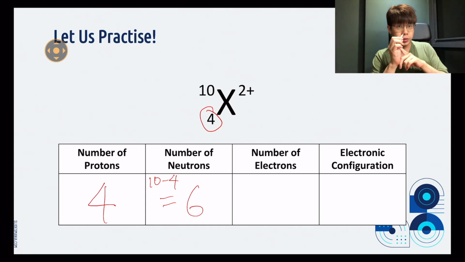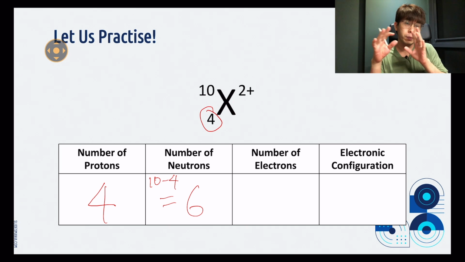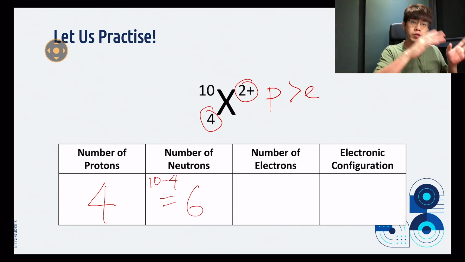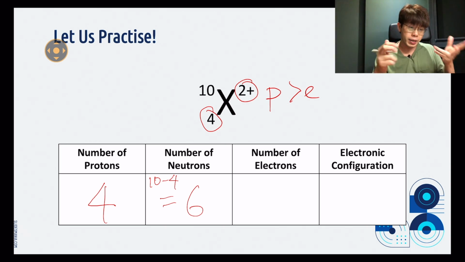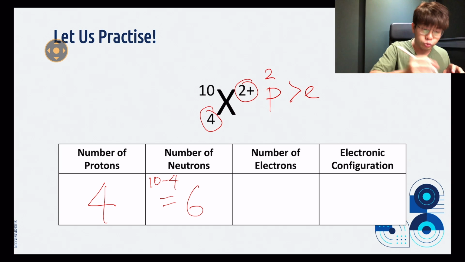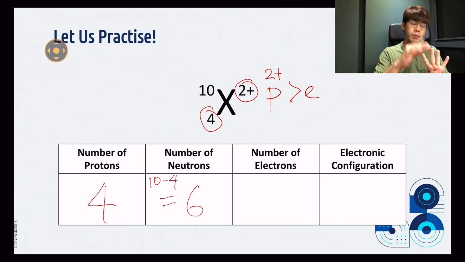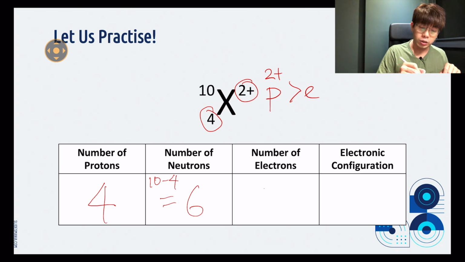Now, for the electrons. For me to become a 2 plus, that means my protons must be more than my electrons. My positive charge must be more than my negative charge. By how many? I must be more by 2. So if there are 4 protons and the number of protons must be 2 more than electrons, therefore the number of electrons has to be 2.